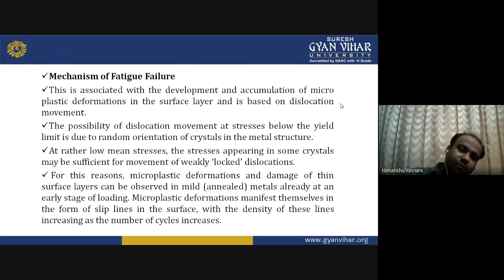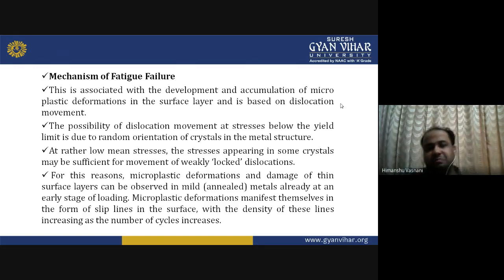At rather low mean stresses, the stresses appearing in some crystals may be sufficient for movement of weakly locked dislocations. For this reason, microplastic deformations and damage of thin surface layers can be observed in mild annealed metals already at an early stage of loading.